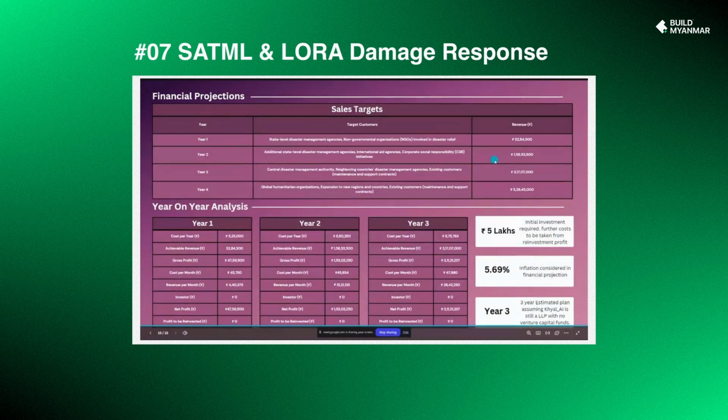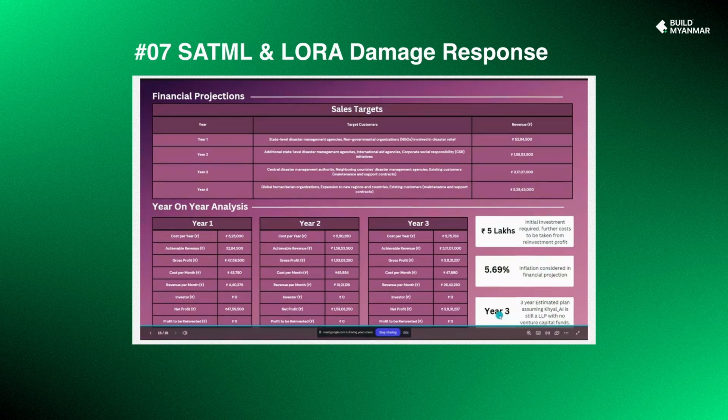Moving on to the year-on-year analysis, not just the 9-month implementation plan: in year 1, we are working with non-governmental organizations, and even with your organization, to take these modules to the disaster-prone areas where people need them. Based on our year-on-year analysis, the current inflation rate is 5.69, and it is projected on this too, with an initial investment of 5 lakh Indian rupees, which is pretty low for this whole system and its maintenance.